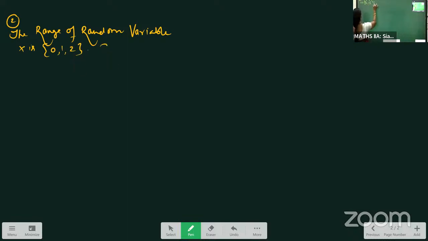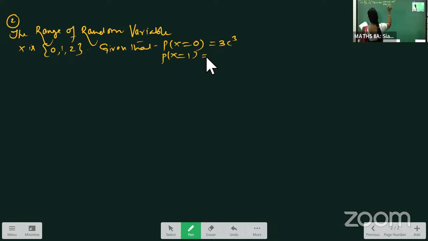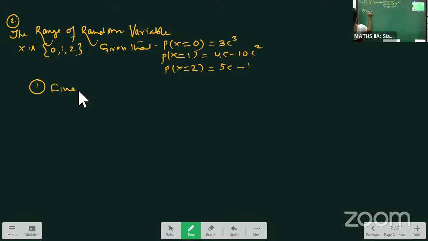Given that P of x is equal to 0 is equal to 3c cube, P of x is equal to 1 is equal to 4c minus 10c square, and P of x is equal to 2 is equal to 5c minus 1. Then find the value of c.